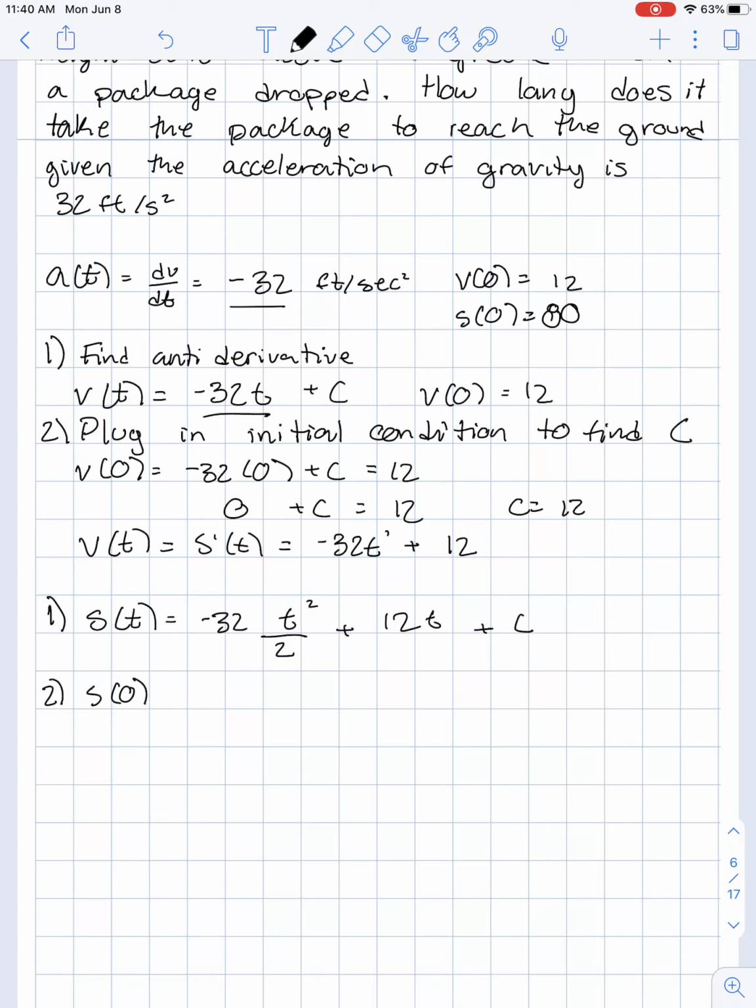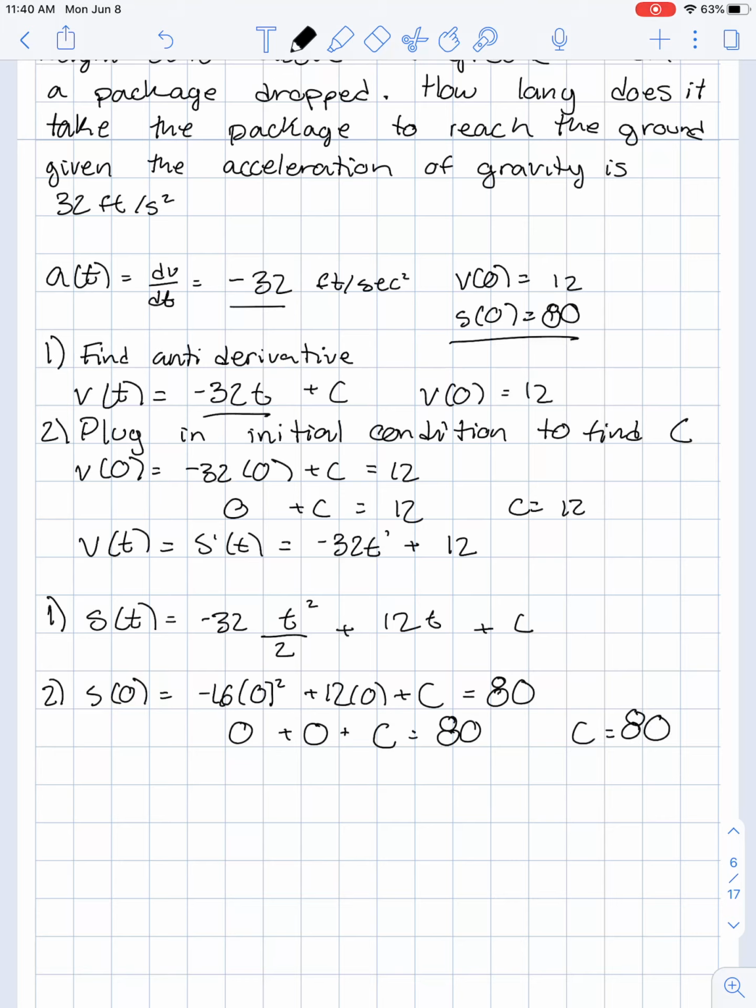So s of 0 equals negative 32 divided by 2, which is 16. So negative 16 times 0 squared plus 12 times 0 plus C equals our initial condition. Initial condition for position was 80 feet above the ground. So these are all zeros, plus 0 plus our constant equals 80. So then C equals 80.